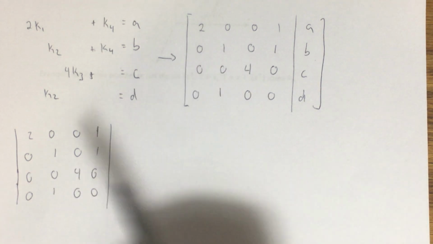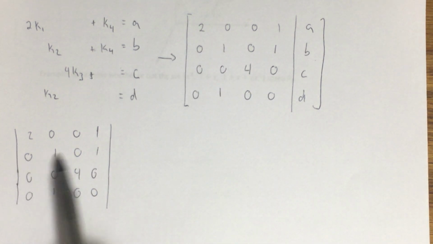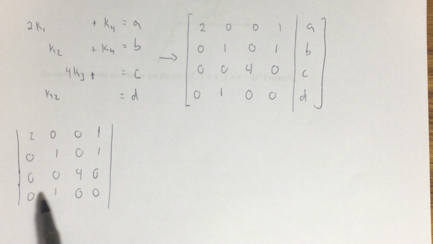Notice you can do row reduction, and if you just do -1 times row 2 plus row 4, you'll put this thing in row echelon form. This will become a 0 here, and then you can just multiply the diagonal entries.